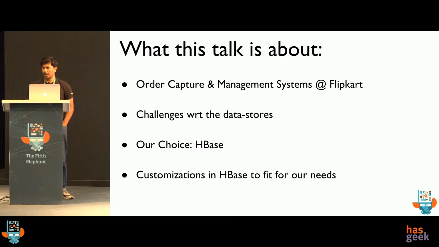HBase turned out to be our logical choice. I'll get into the why and how of that. And HBase wasn't really a direct fit for our needs. We had to customize HBase. So in fact, the second half of the talk would go technically deeper into those customizations we made, and the benefits we reaped out of it.